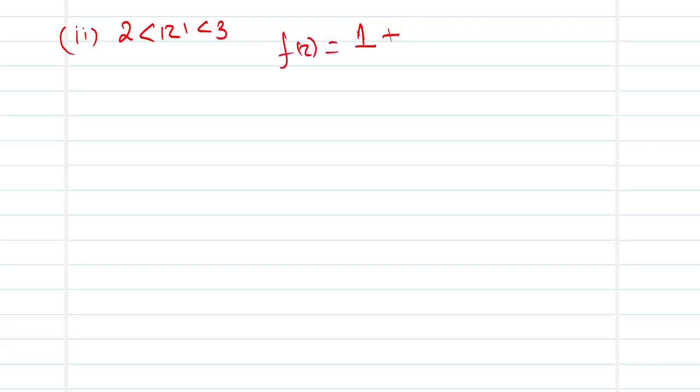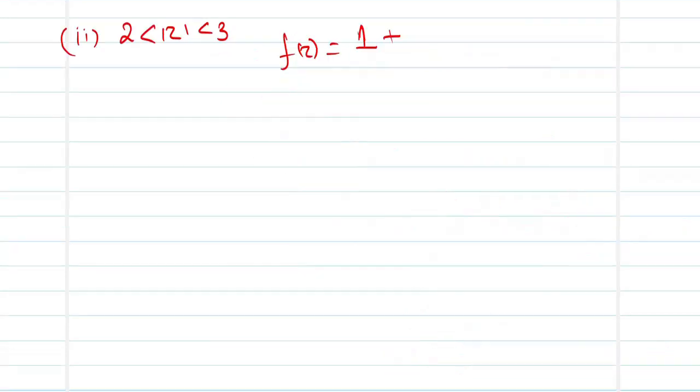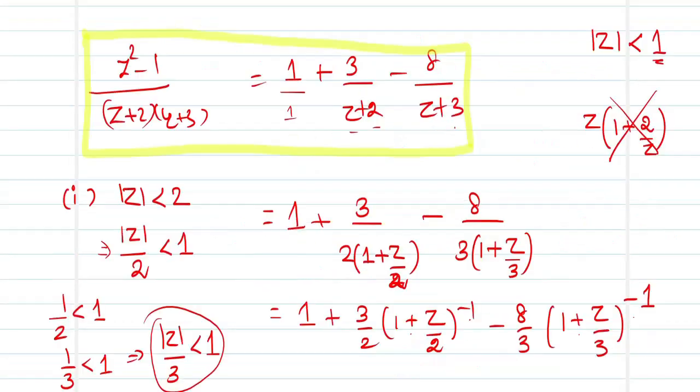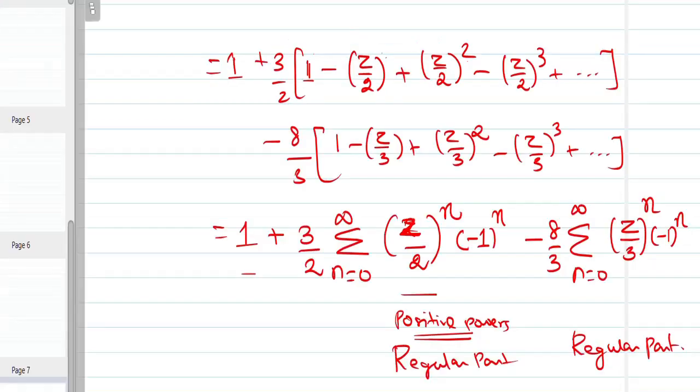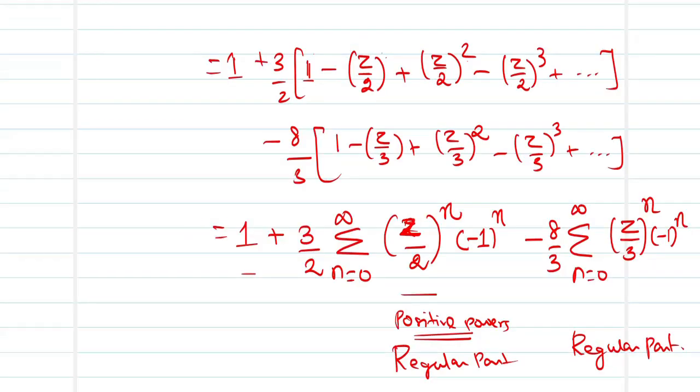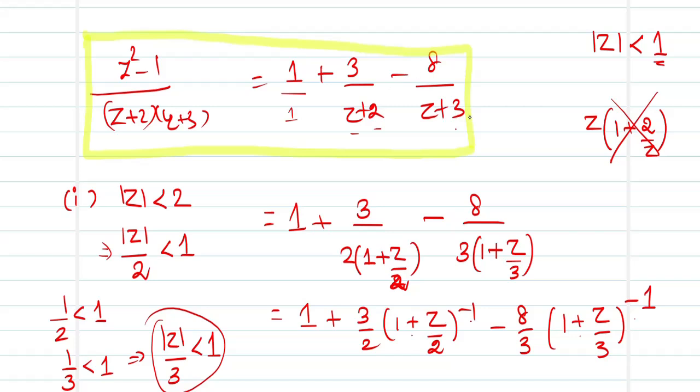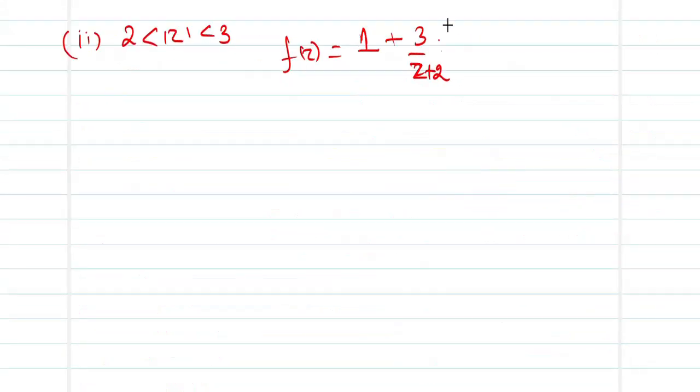Now 1 plus the value was 3 by 2 into 1 divided by z plus 2, 3 divided by this was z plus 2, and the third factor was -8 by z plus 3.